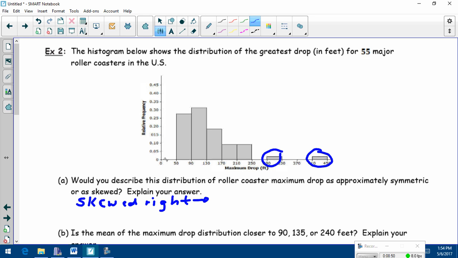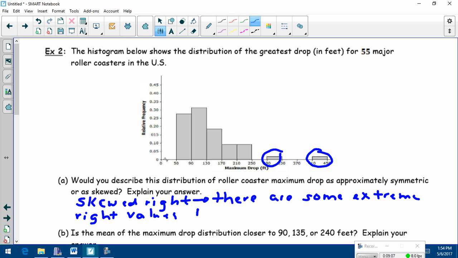And the reason I would say it's skewed right is that there are some extreme right values that are affecting the data. There is a big clump, but there's more than just a big clump. So that's why I'm saying it's skewed to the right.